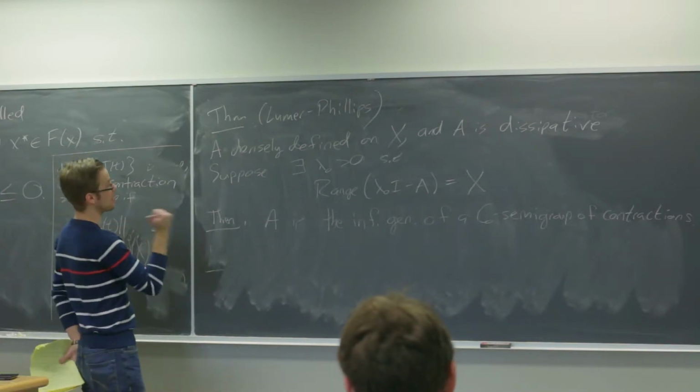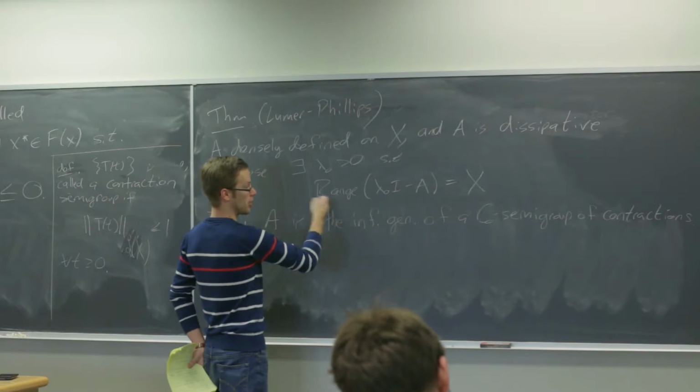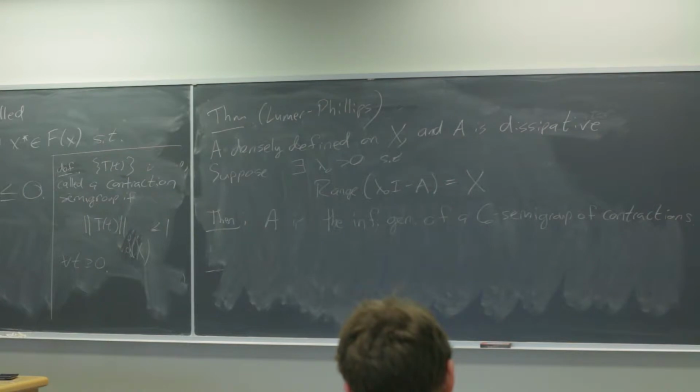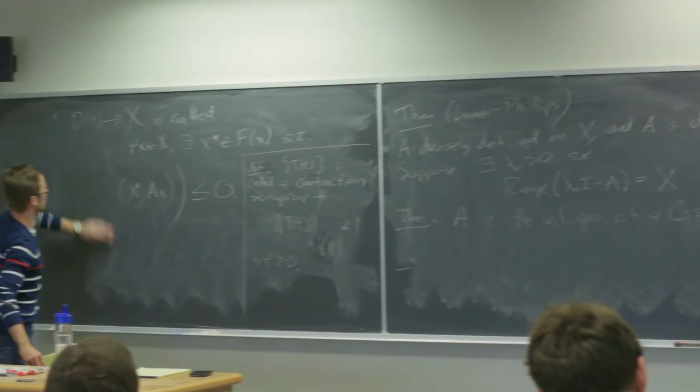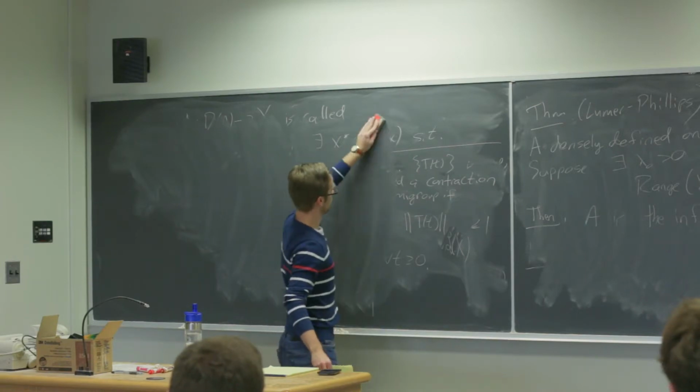So I need three things: densely defined, dissipative, and I can find a number lambda 0 such that this range is actually equal to X. Then A is the infinitesimal generator of a contraction semigroup. So I'm not going to prove this because this is a very big result, but I'm going to prove the main corollary that we need.